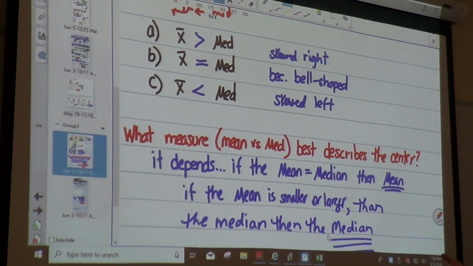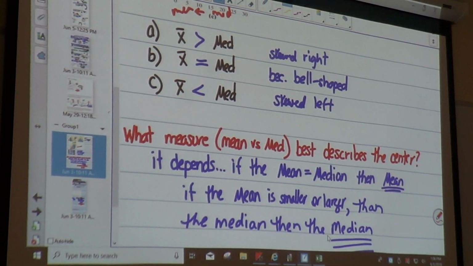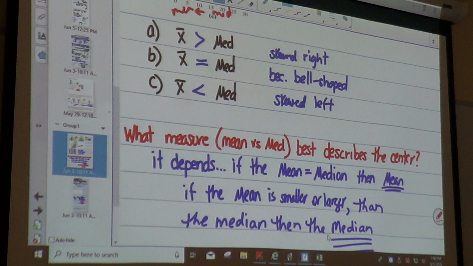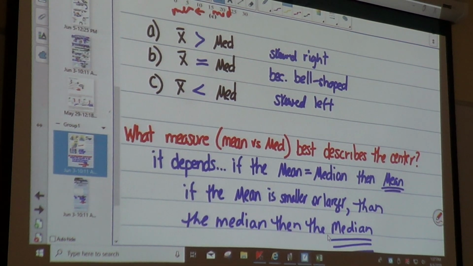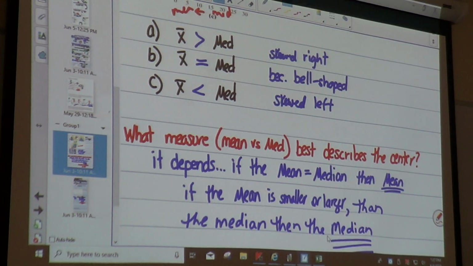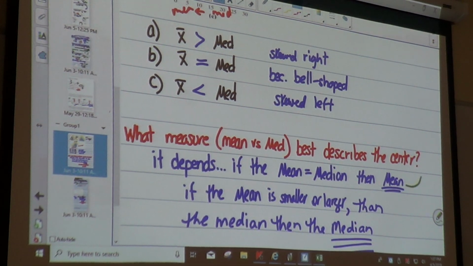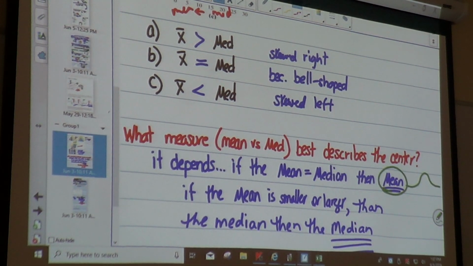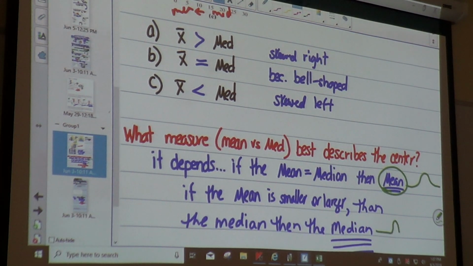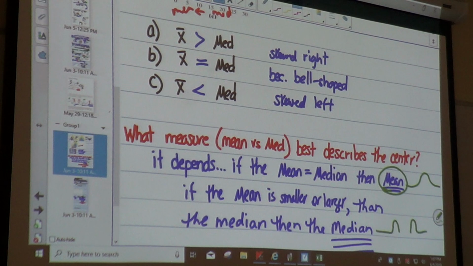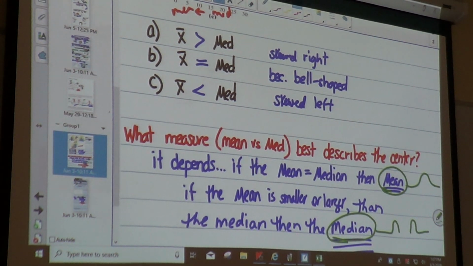So when we give y'all the average, it may not best describe your grades sometimes. It's according to whether your grades are bell-shaped or not. So if your grades are bell-shaped, then the mean is going to best describe it. If your grades are skewed, then the median is going to best describe your grades.